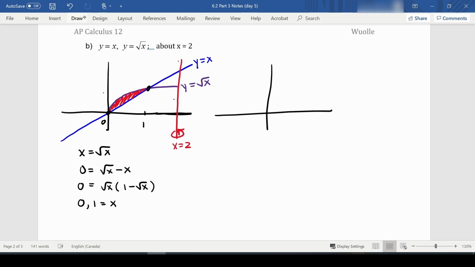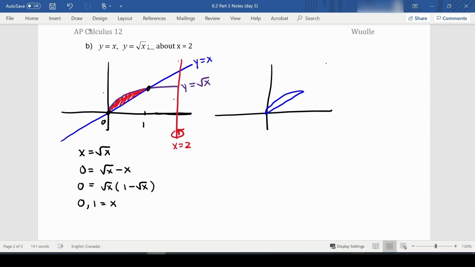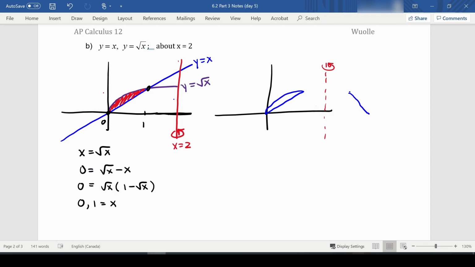If I picture this rotating, I've got this object here, and this external line that I'm rotating around. That means this is going to end up mirroring itself on the other side. That's a bit too big, so let me fix that and draw a little more of my axis here.